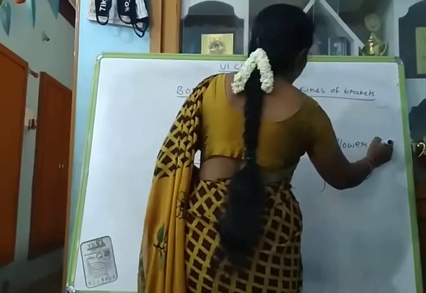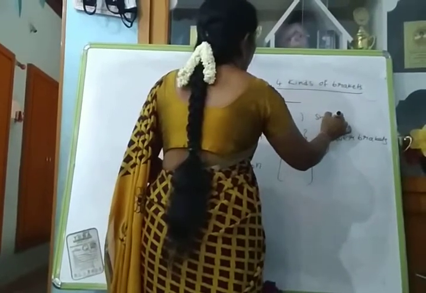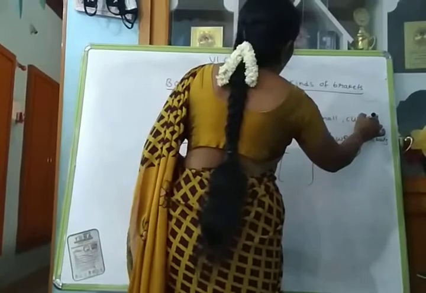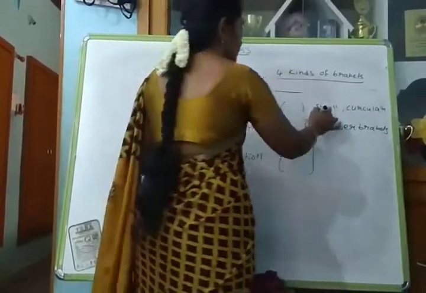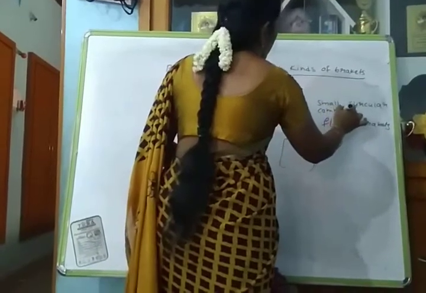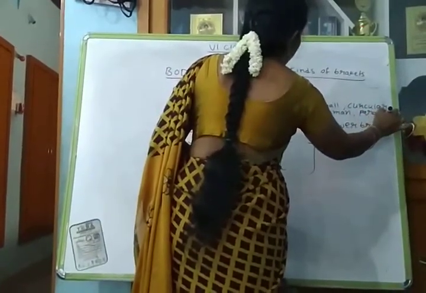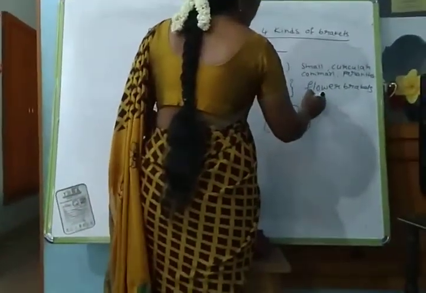Flower brackets or braces. This one is small brackets or circular brackets or common brackets or parentheses. These are flower brackets and braces.